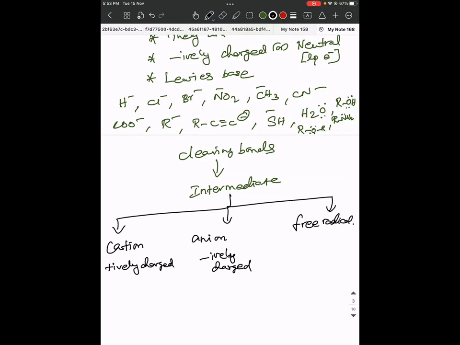So please remember, all cations are not electrophiles, but all electrophiles are not cations. But for carbocations, carbon is having a positive charge. Like that you have the meaning. Okay, it's an odd electronic species.